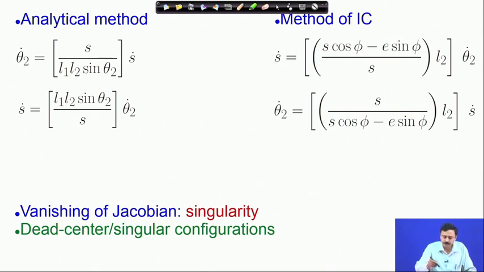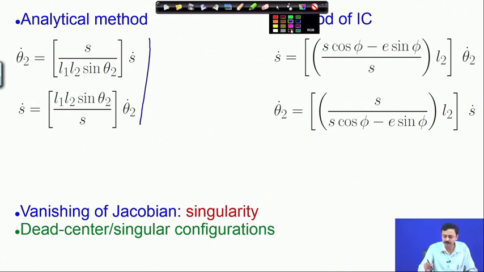Now, specifying or determining these dead center configurations was easier when we looked at the expressions obtained from the method of ICs, but these are also now quite easy if you look at the expressions obtained from the analytical method. So, let us look at the configurations where the Jacobian or its inverse vanishes, which means they become singular or non invertible.